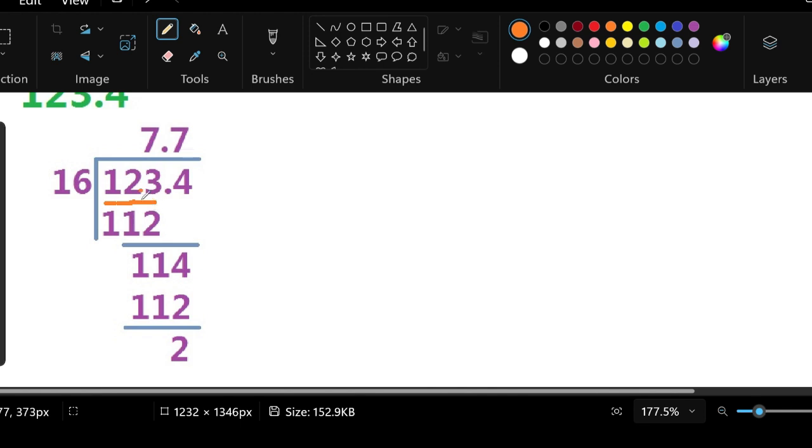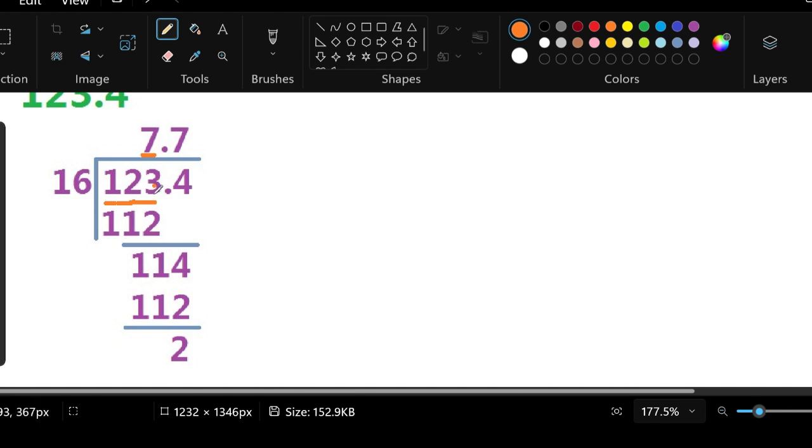That's why we get 123. Now we say that 123 is already greater than 16 and want to know how many 16s are there in 123. And eventually, if you think about it, you come up with 7, and 7 times 16 would give us 112.